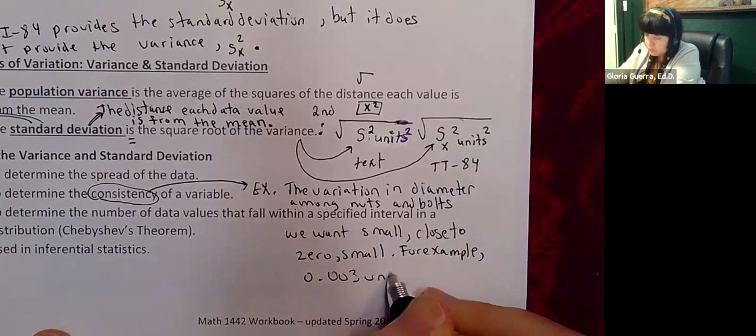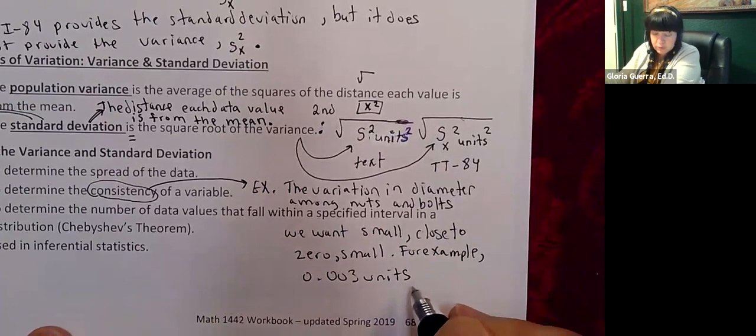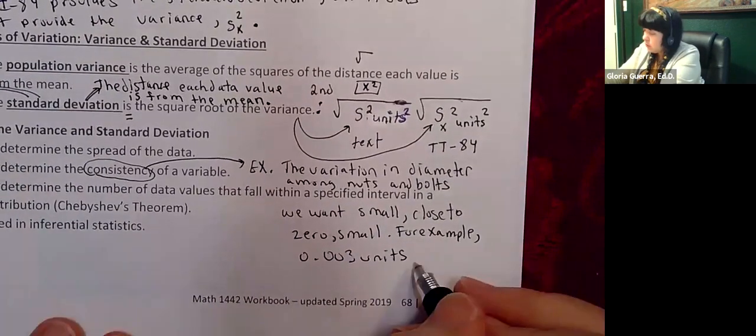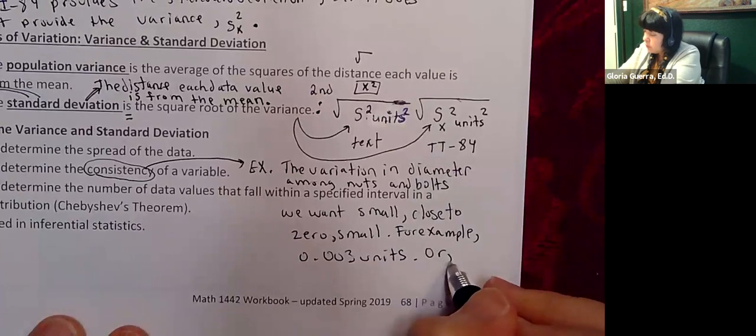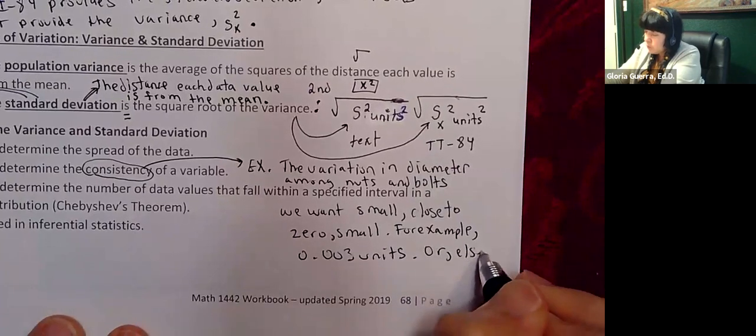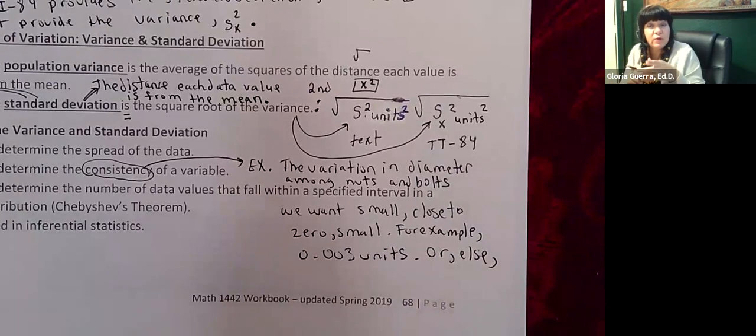It's a very small measurement, because if you don't have that type of consistency, that smallness, what's going to happen? The bolts are going to come off, everything's going to be loose, right?